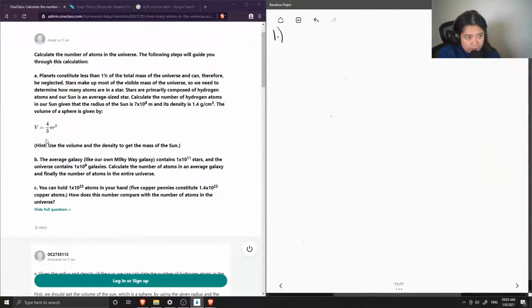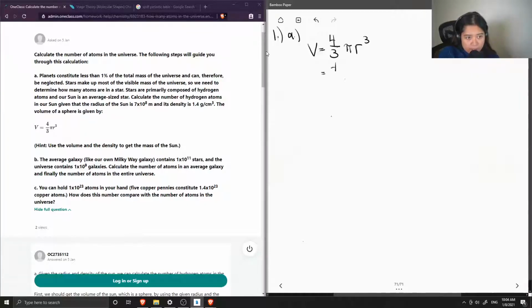information. So for part A, first let's calculate the volume. So volume is equal to 4 over 3 times pi r cubed. So they tell us the radius of the Sun, which is 7 times 10 to the 8 meters.